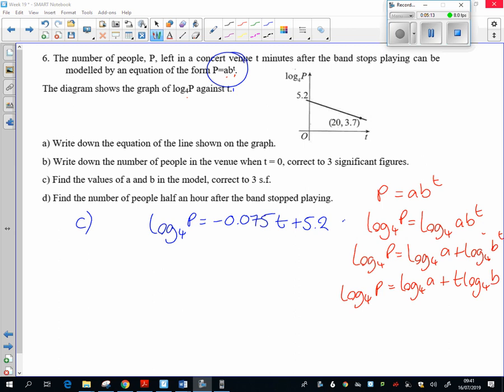Okay, just check I've written everything out okay. Yep, I think I'm okay. So again, if I compare what I've got here in terms of a and b to what I've got here, well, that's the key thing to have a look at.